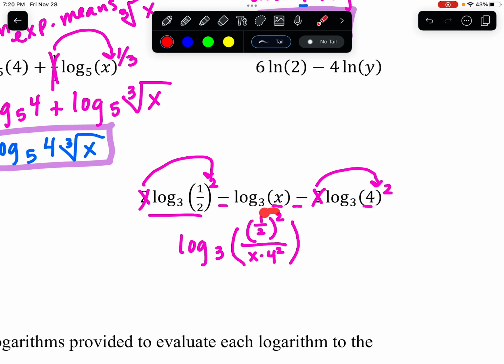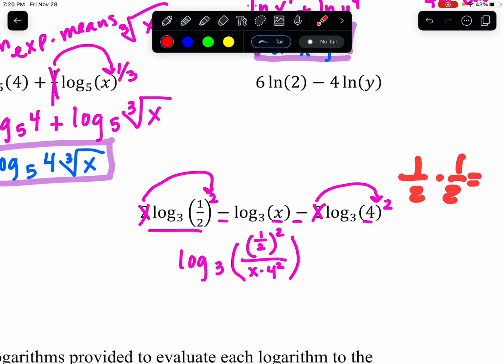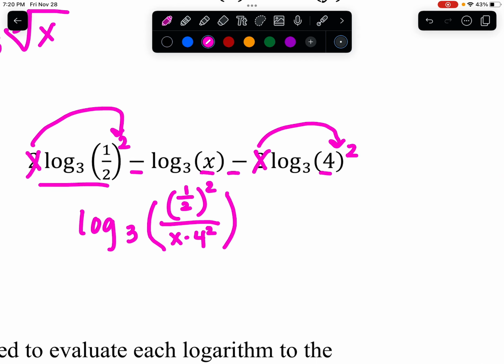Okay, 1/2 squared, I didn't do that. That's just 1/2 times 1/2, which is 1/4. So that becomes 1/4 over, well, 4 squared is 16, so we have 16x.